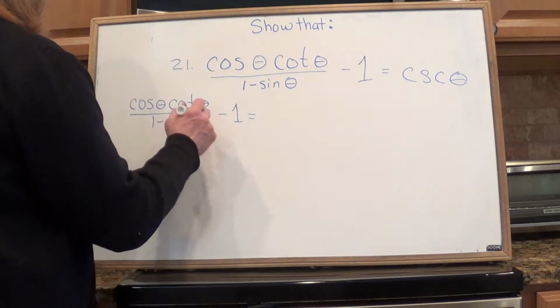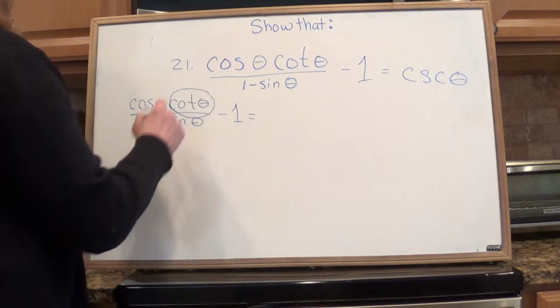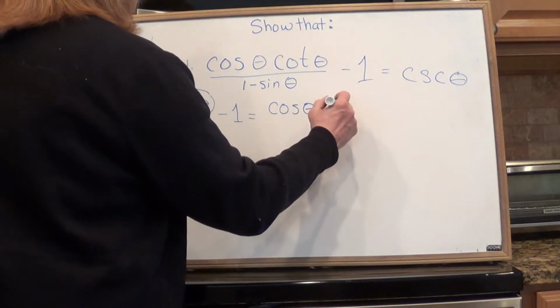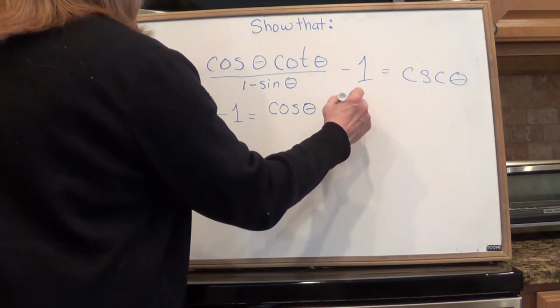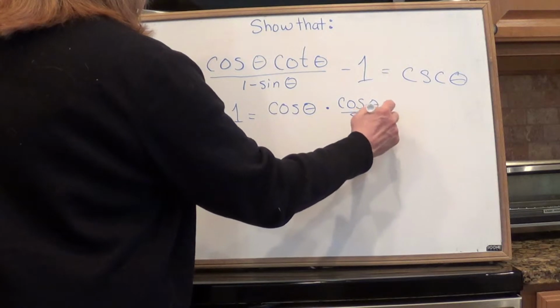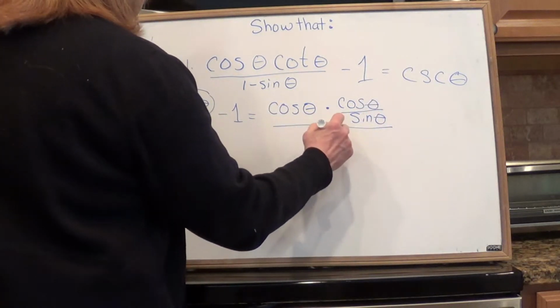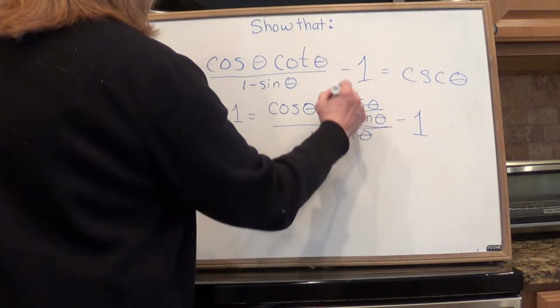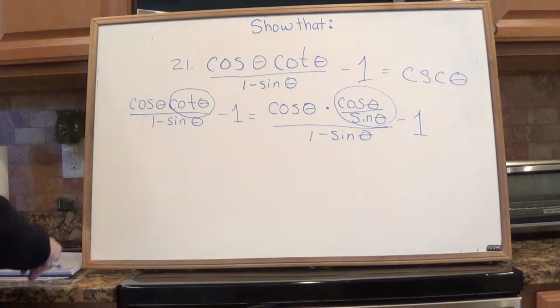So I just went ahead and I'm going to start here and make a change. So cosecant theta, cotangent, we know, is cosine over sine, and 1 minus sine minus 1. You can see the only alteration took place right there.